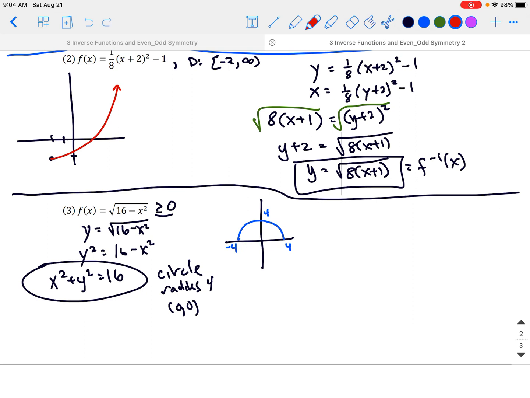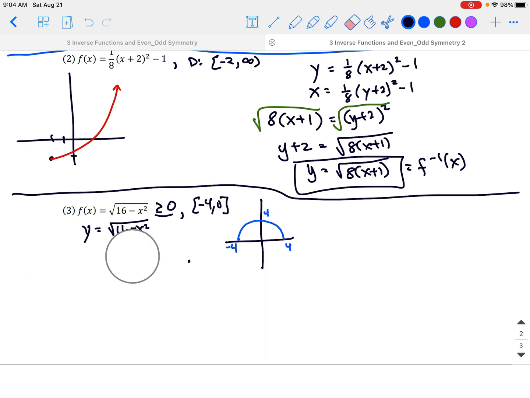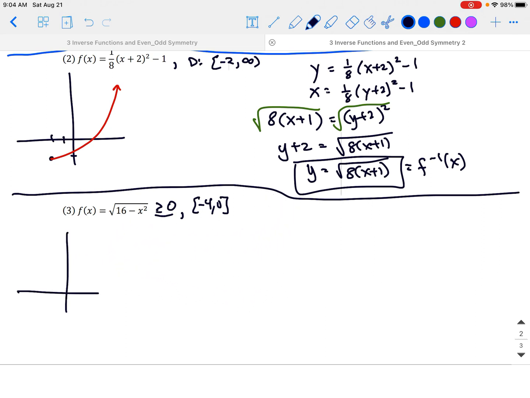And depending on which one you do, it's going to make your inverse kind of interesting. So for this example, I'm actually going to choose that negative domain. So in other words, I'm going to let the domain be -4 to 0. So we're going to get rid of this information here, and we're going to move that graph over so we've got a little bit more space.